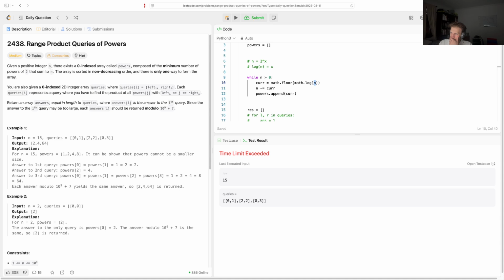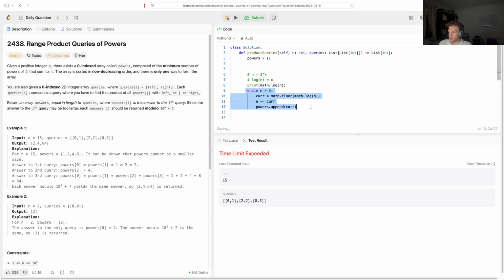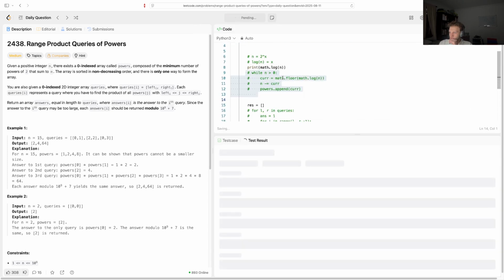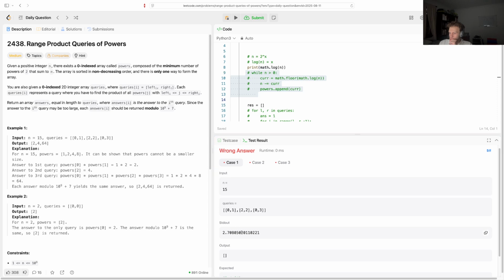So math.log of 15 is what? Let's see. Print math.log of n, or yeah, n will work. Let's just see what that is really quick, and then we'll go from there. It's 2.7.